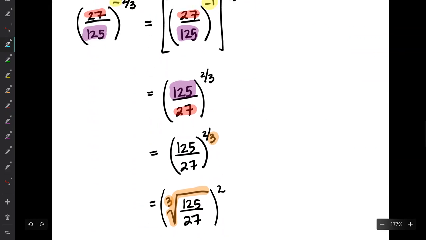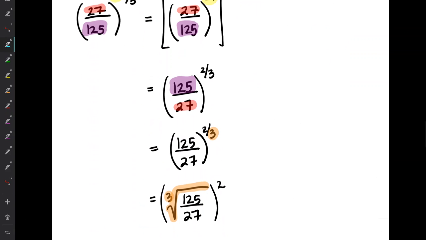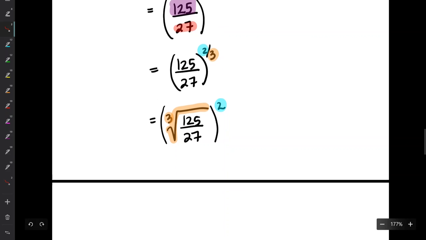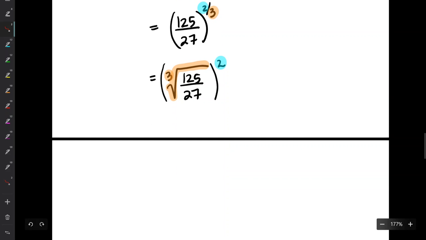So I went ahead and changed those 125s to purple. All right, so something to the 2/3 power is the cube root of that thing squared. Cube rooting is saying what times itself 3 times is 125 over 27, and those are perfect cubes.